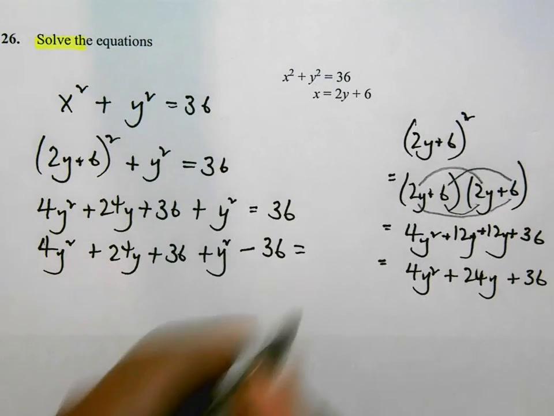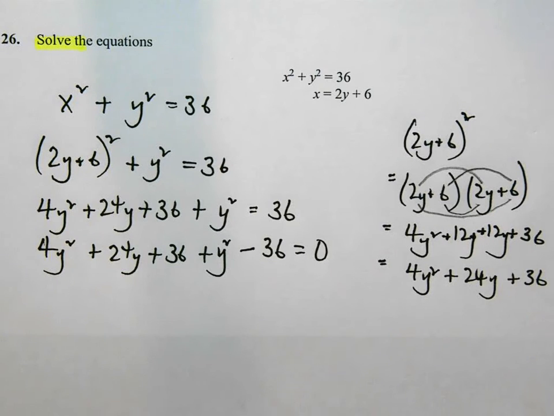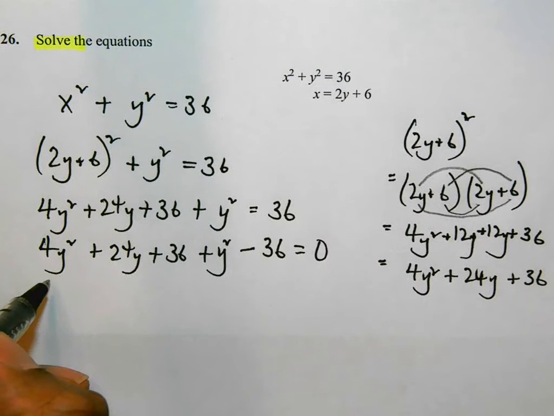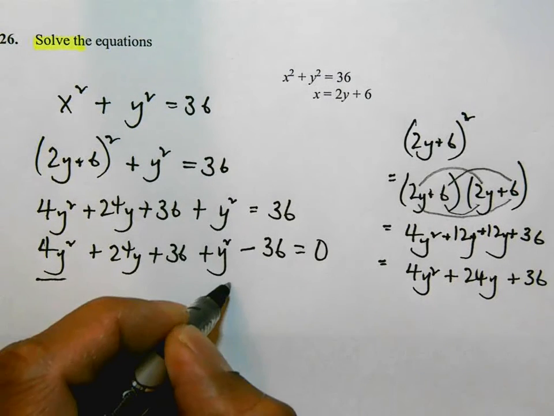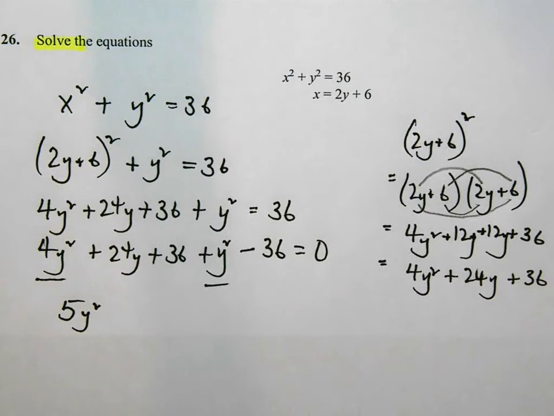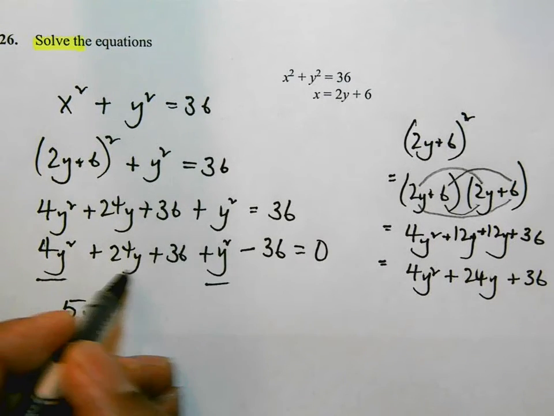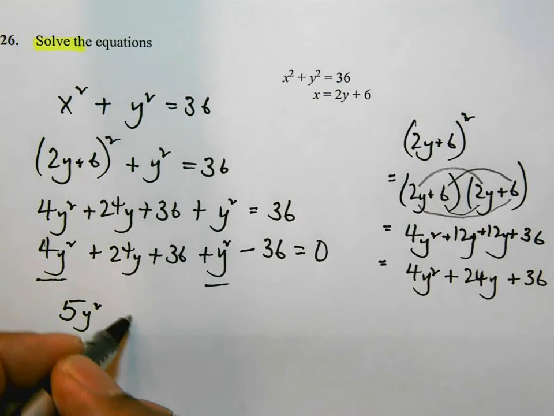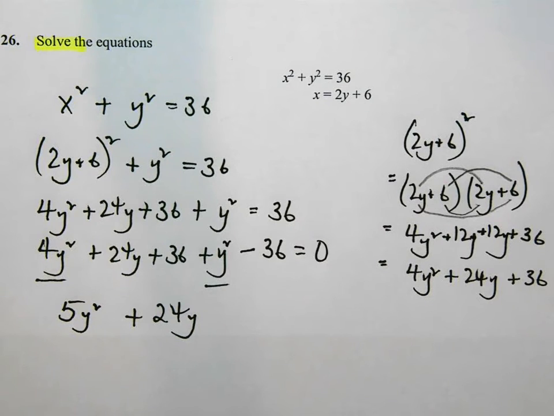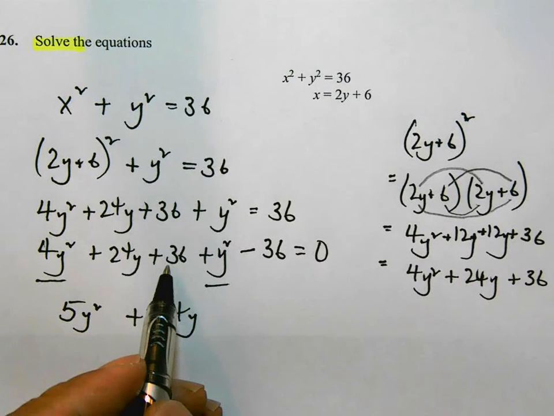I've got 4y squared plus 1y squared is 5y squared. I have 24y and no other, so plus 24y. And that leaves me with plus 36, take away 36, which is 0, and all of that is equal to 0.